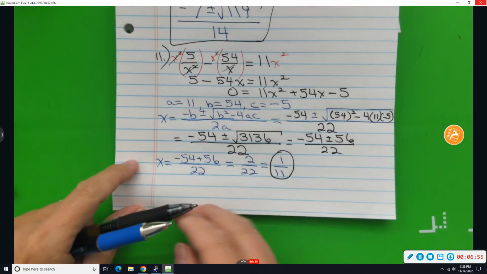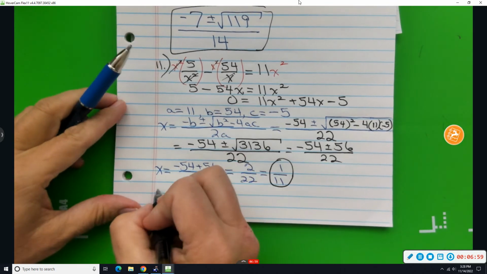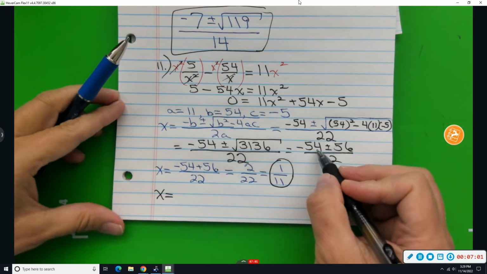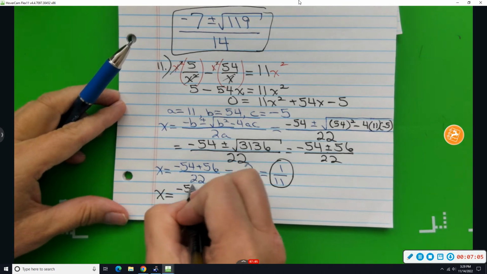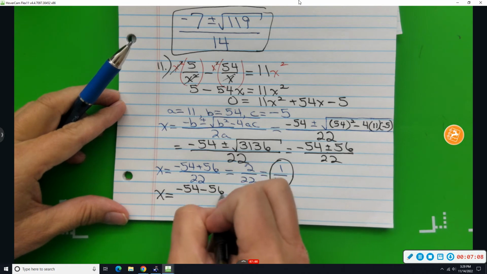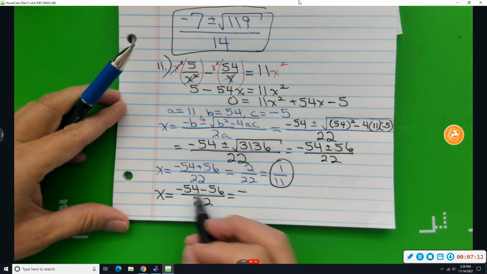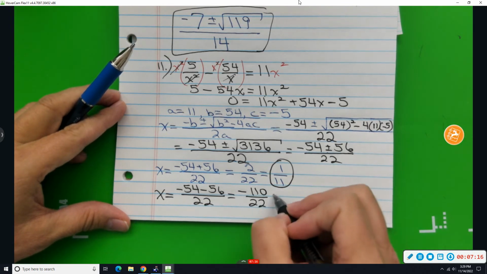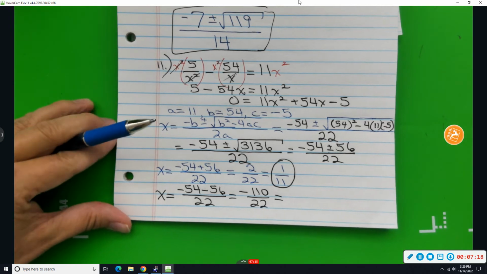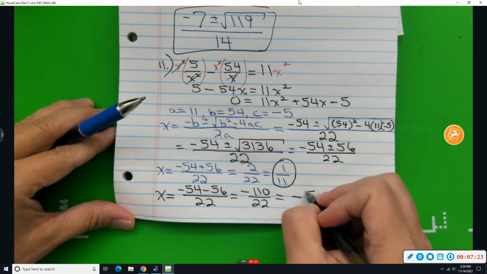And the second answer, negative 54 minus 56 all over 22. That's a negative 110 divided by 22. Oh, that works out nicely, doesn't it? To just a negative 5.